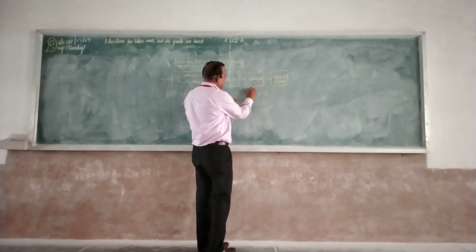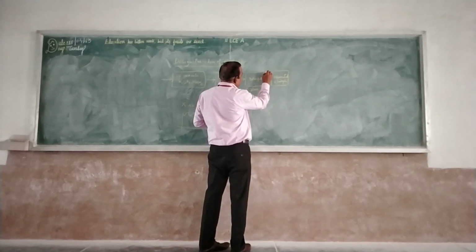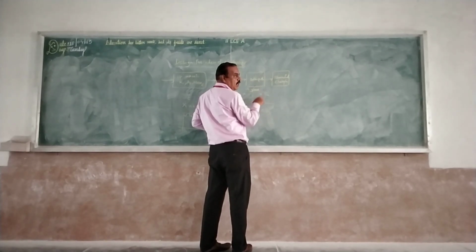This is the S plane, and S0 and S1 are taken. You have to frame these poles as H of S for a Butterworth filter.